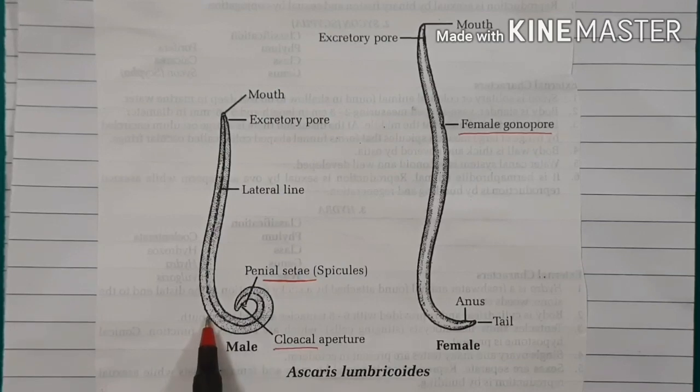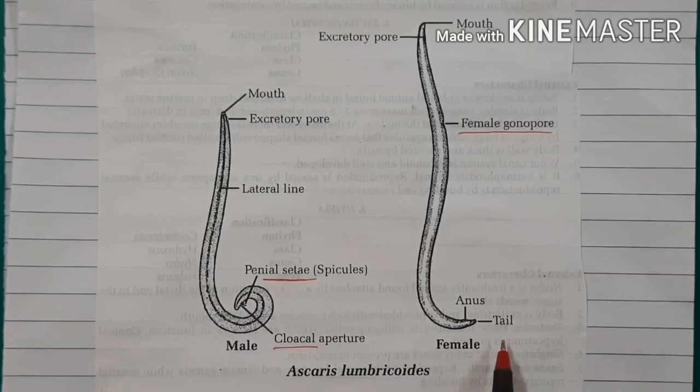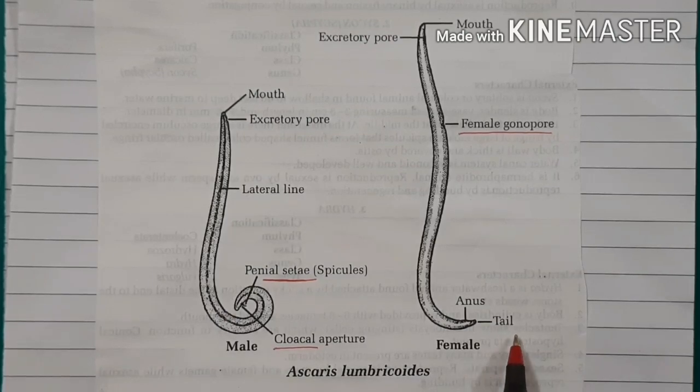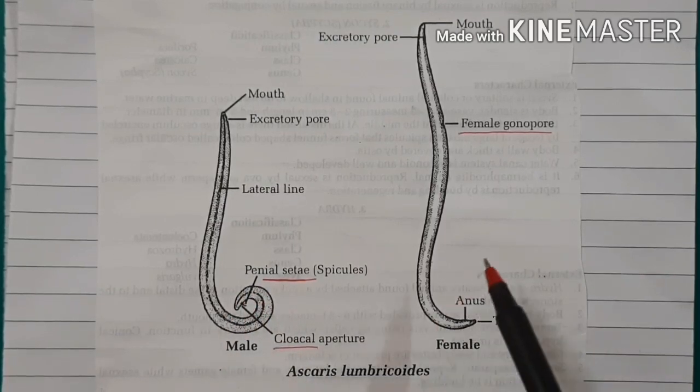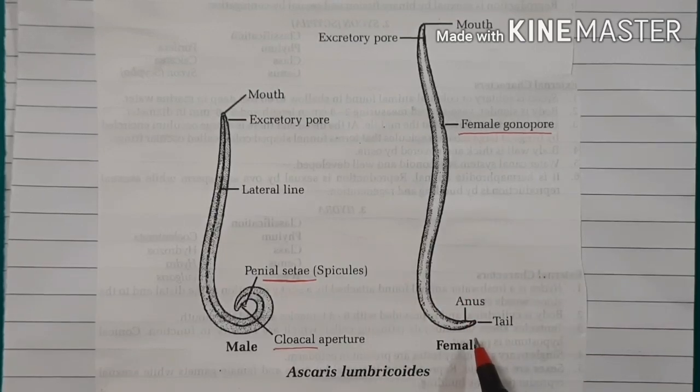It is 8 cm in length. The female Ascaris is 10 cm in length. The posterior end is curved. Observe this curved end. Here, the posterior end is straight.